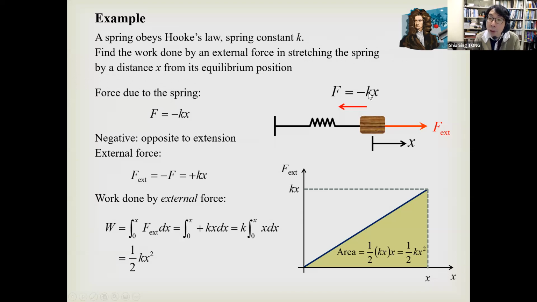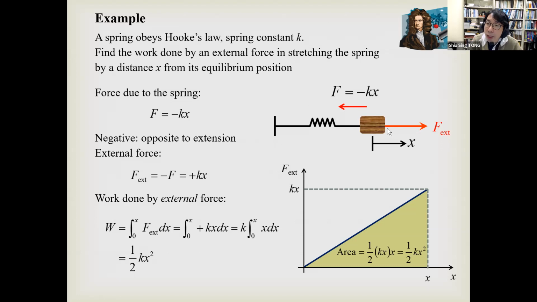Now k is the characteristic of a spring. If you have a tight spring, a spring that is very difficult to stretch, then the force constant k will be large. So it depends on what spring you use. And the minus sign is there because the force due to the spring is in the opposite direction to the displacement.